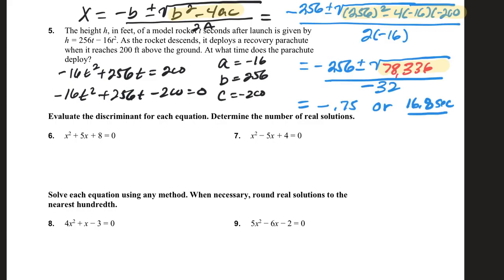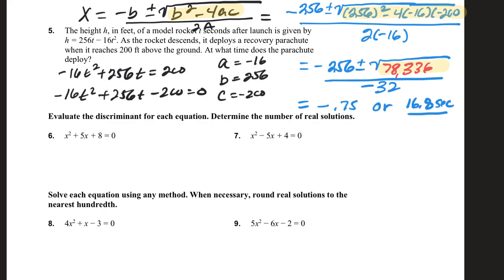So what I did is I figured out the discriminant, which is 256 squared minus 4 times negative 16 times negative 200, which I got 78,336. And then I added that to negative 256, the square root, divided by negative 32. And one of them was a negative answer, and the other one was 16.8 seconds. So since time can't be negative, it's going to have to be the positive 16.8.